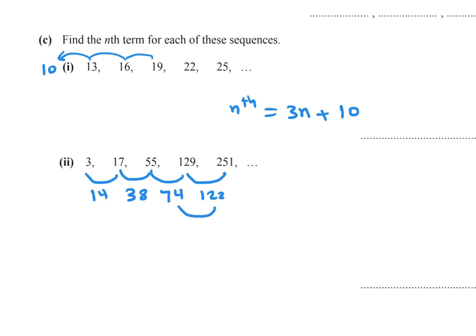Find the second difference. 122 minus 74 equals 48. Then 74 minus 38 equals 36.